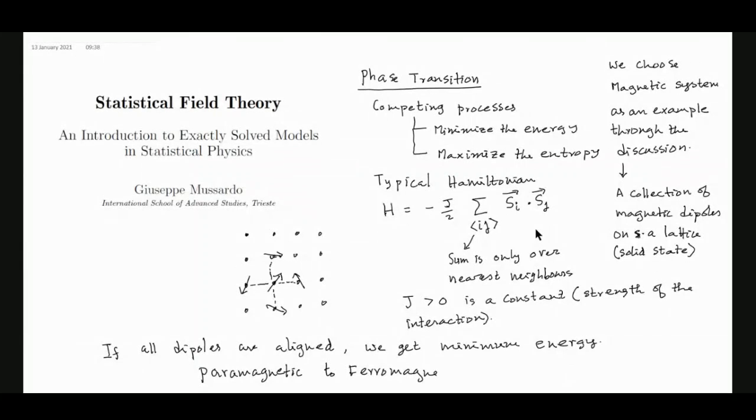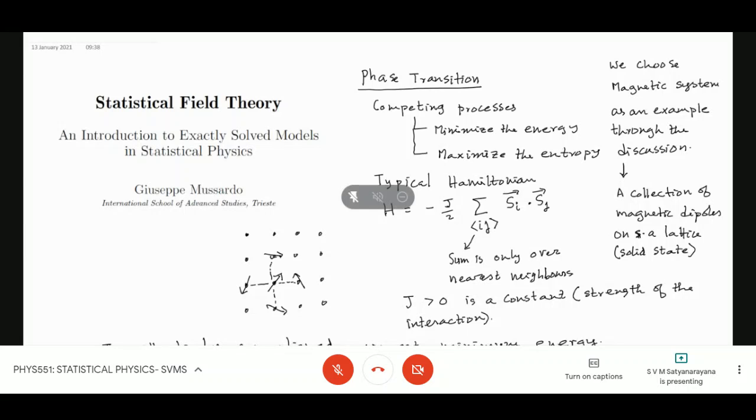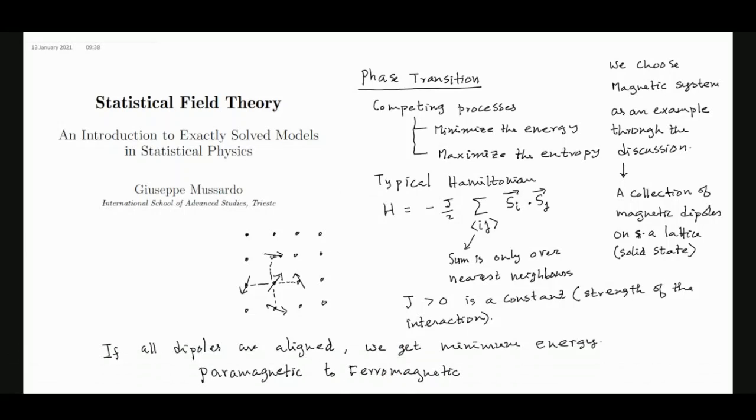In general you can say the paramagnetic phase is a disordered phase, so this is a disordered to ordered phase transition.